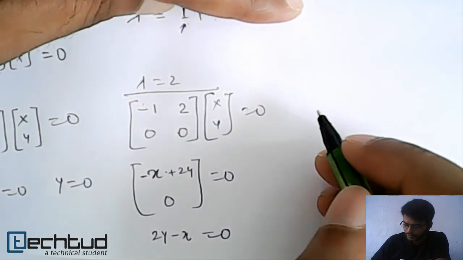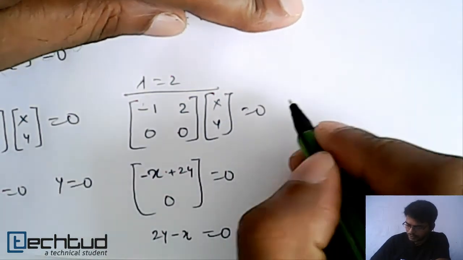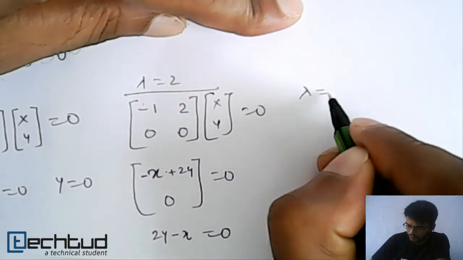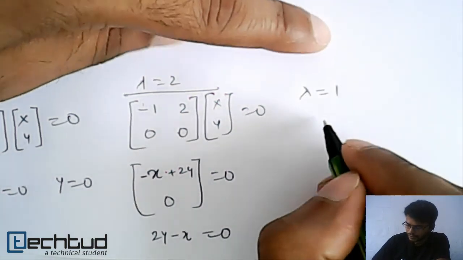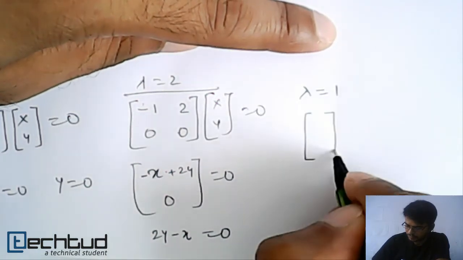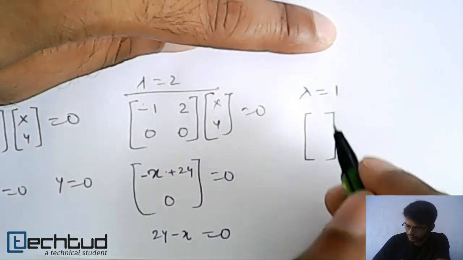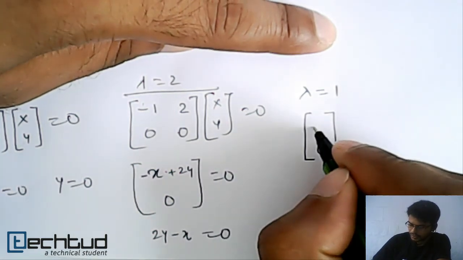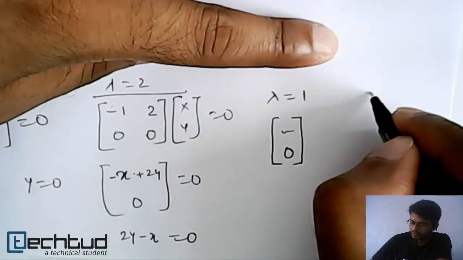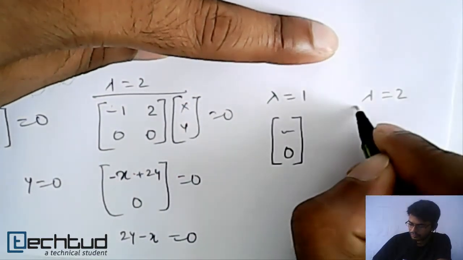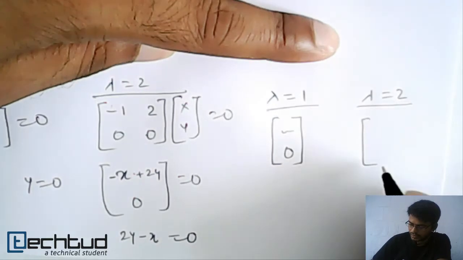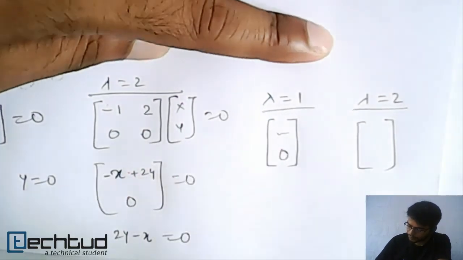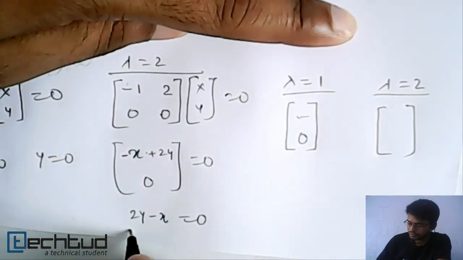So for the two eigenvalues we have two separate eigenvectors. In the first case, when lambda is equal to 1, the eigenvector is such that the value of y is 0, but x can be anything. For eigenvalue 2, the vector is something like this, where we should maintain this relationship.